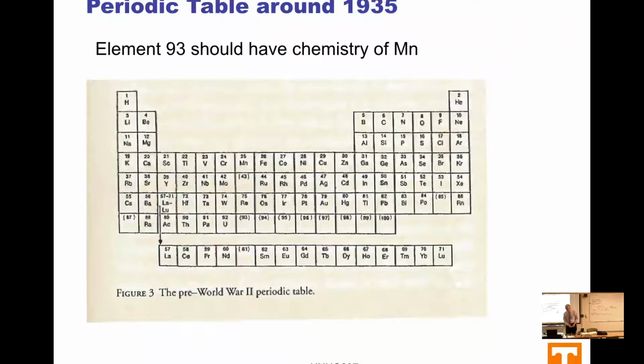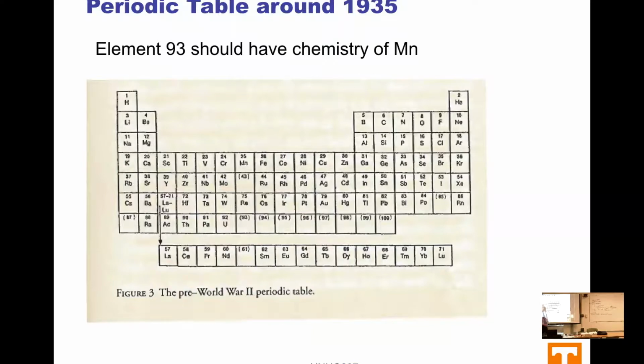Now, the question was, what was the chemistry of this new element? This is the periodic table as it appeared in 1935. A lot of holes there. You talk about this hole and this hole that weren't discovered yet. But you see, element 93 or 94, it had the chemistry of manganese, or the chemistry of iron. Uranium has the chemistry of chromium. But these all have similar chemical properties, different classes.